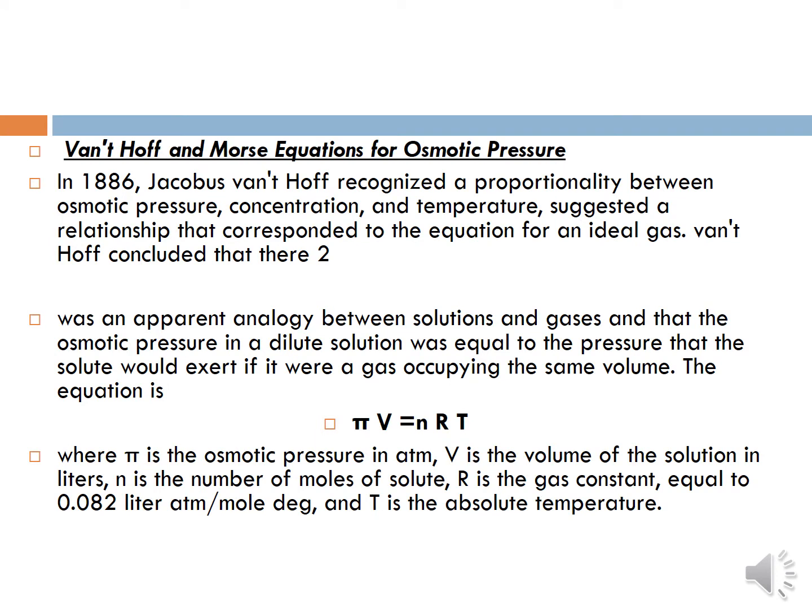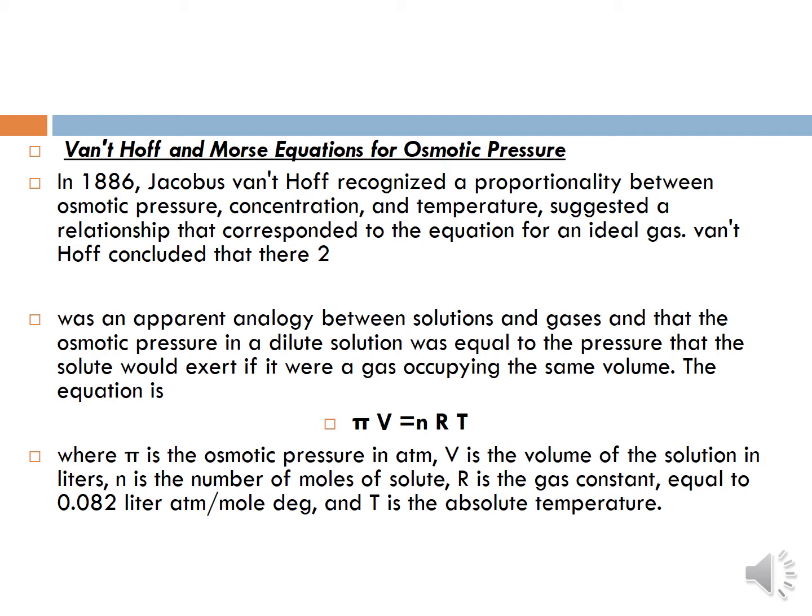In the osmosis process, according to the van 't Hoff theory of osmotic pressure, the osmotic pressure is directly proportional to the volume at which the partial pressure is expressed in terms of the solute.